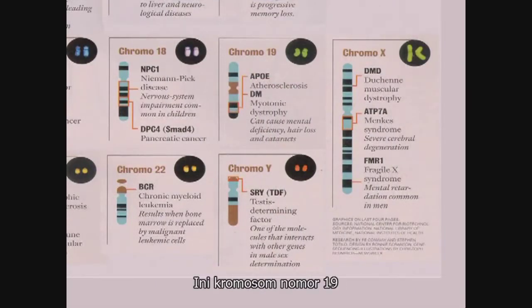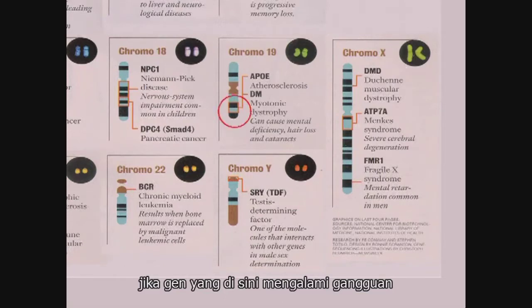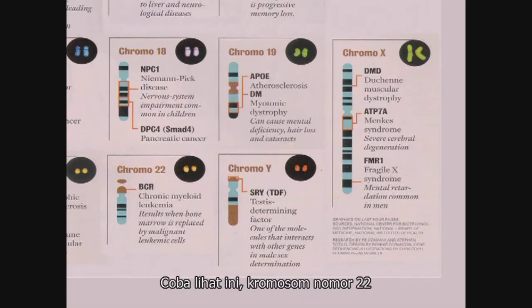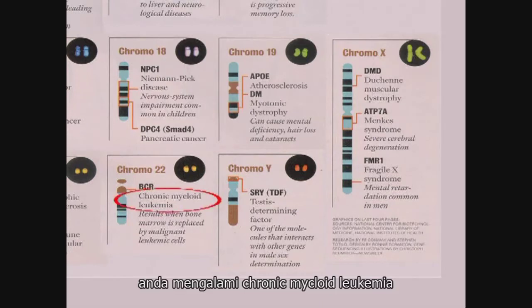Look at this here. This is chromosome 19. If this gene right here goes wrong, you have cholesterol accumulation, atherosclerosis. Look at this. In chromosome 22, when you have this gene problem, you have chronic myeloid leukemia.